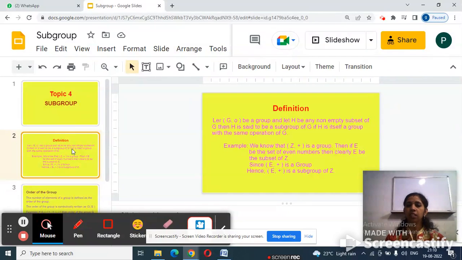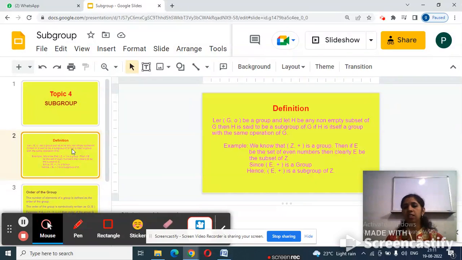If we take two even integers and we add them, then we get an even integer. So, closure law is satisfied. Even integers are also integers, so associative law holds in E also. Even integers start with 0, so existence of identity also holds in E.